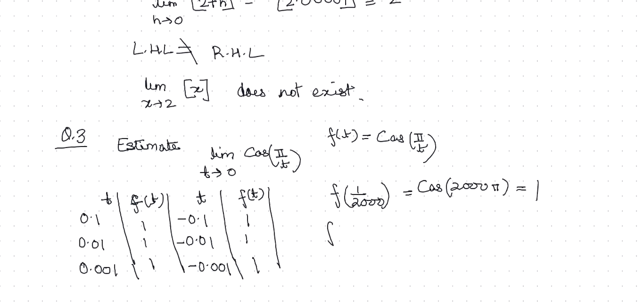Then we can check with 1/2001, and we get cos of 2001 pi, which is -1.